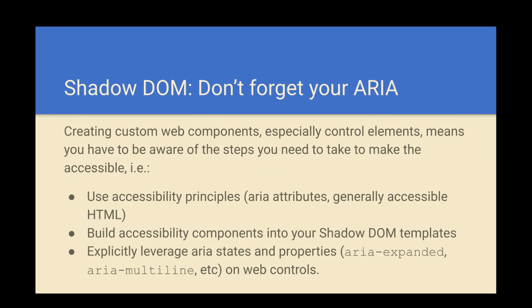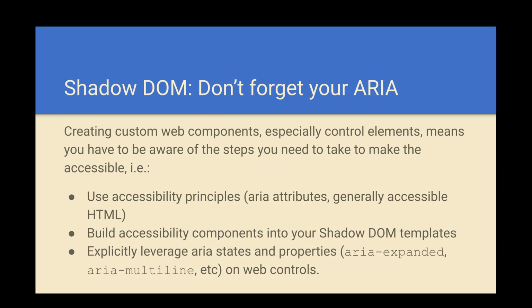Leverage the ARIA states on web components. This is especially important with a web component because as the screen reader's running across it, it may not pick up on the fact that this web component extends across multiple lines, or it's a component that needs to be expanded or collapsed. So if you collapse, for example, one of the best use cases I can think of for a web component is accordions.